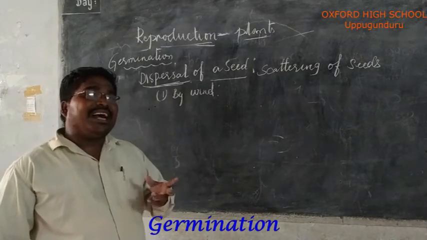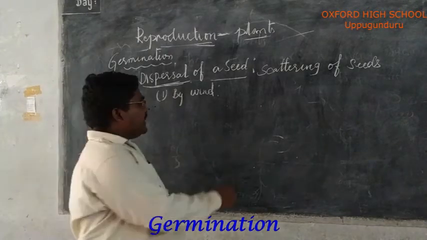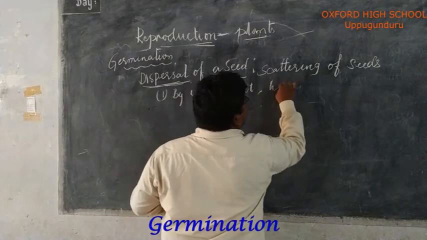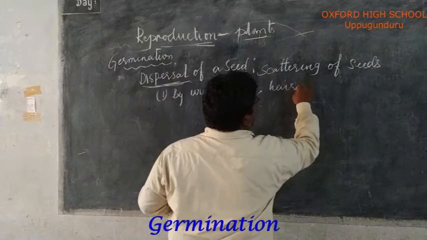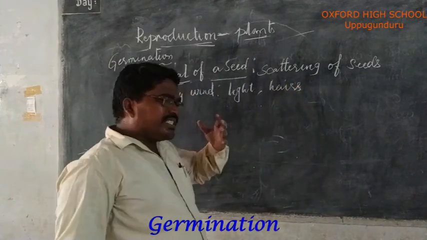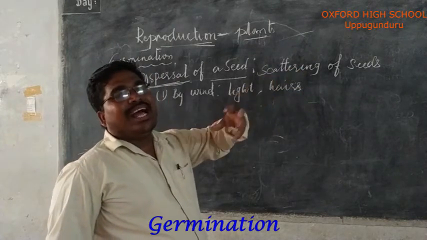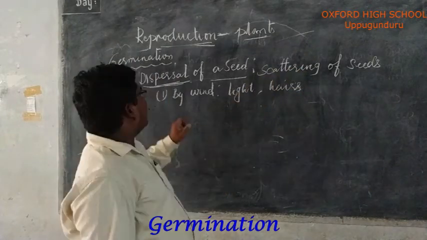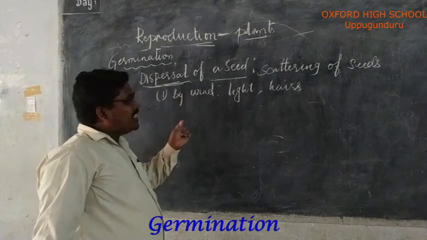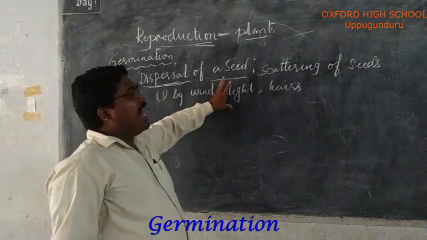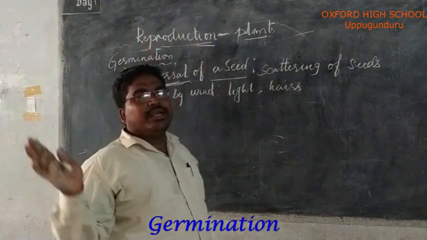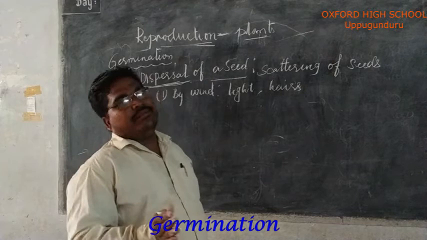and they have hair-like structures on the body, very light in weight, which can flow along with the air. Do you understand that? So some plants have seeds which are light in weight with hair-like structures, and they can go along with the moving wind.